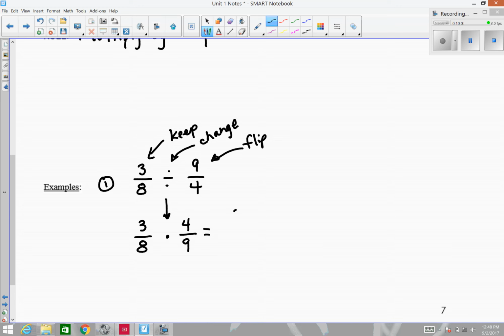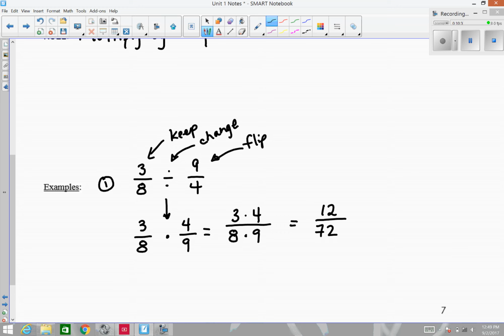So I'm going to take my 3, multiply it by 4, put that over 8, multiplied by the 9. Now you could go ahead and multiply that out straight through. If you did, you would get 12 over 72, but you would need to reduce that. You could use the same process we did in the earlier lesson where we did the tree factorization.